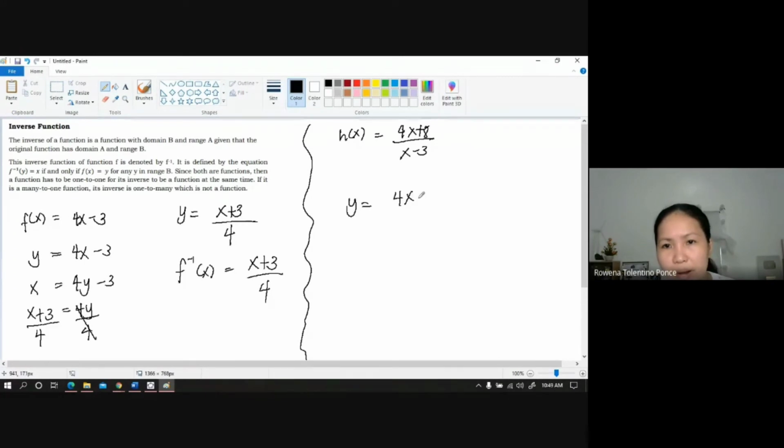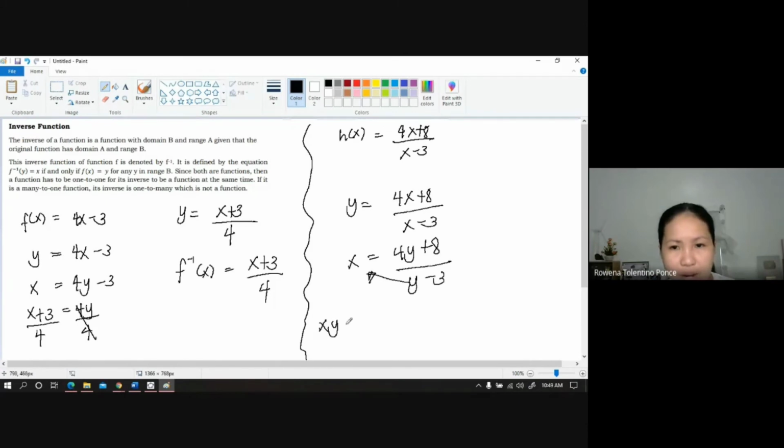Then we have 4x plus 8 over x minus 3. The next step is to interchange x and y. So we have 4y plus 8 over y minus 3. Now, alam na natin ang kasunod, by cross product. So we have here, multiply this, so we have xy minus 3x is equal to 4y plus 8.